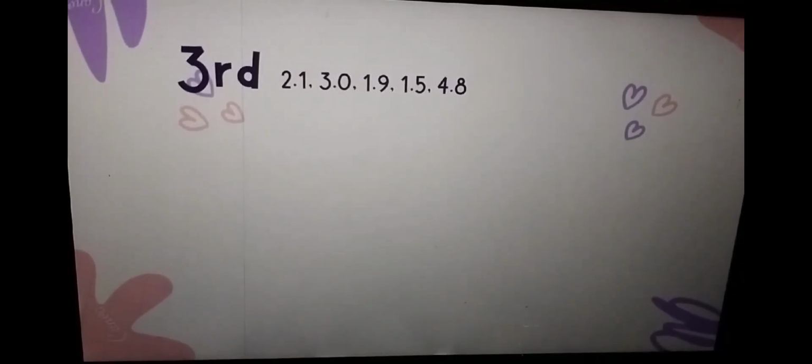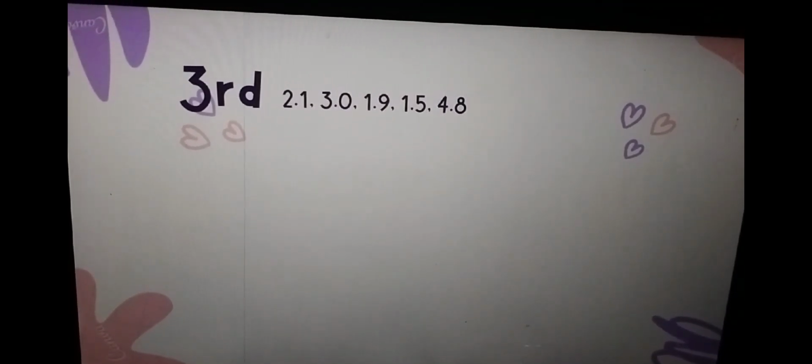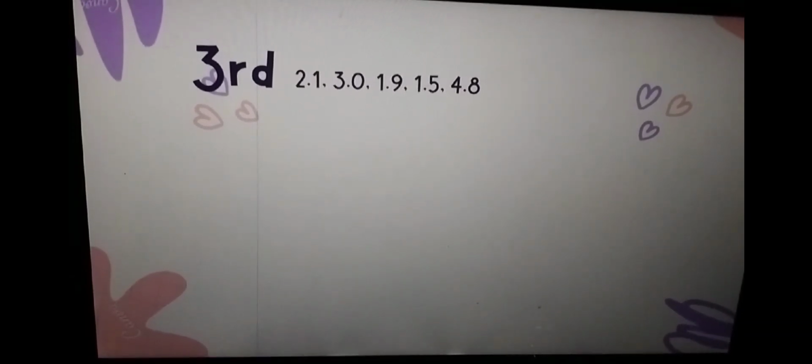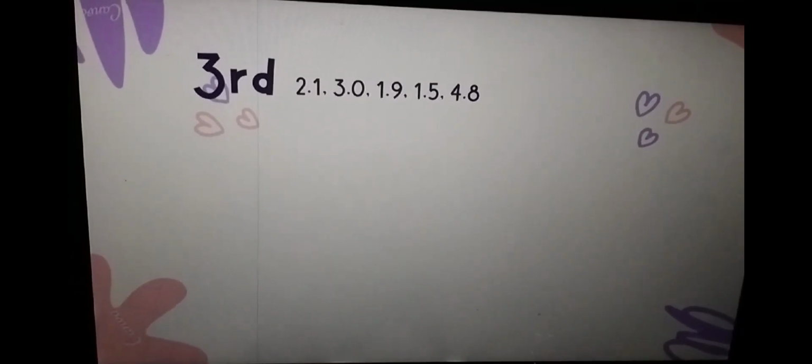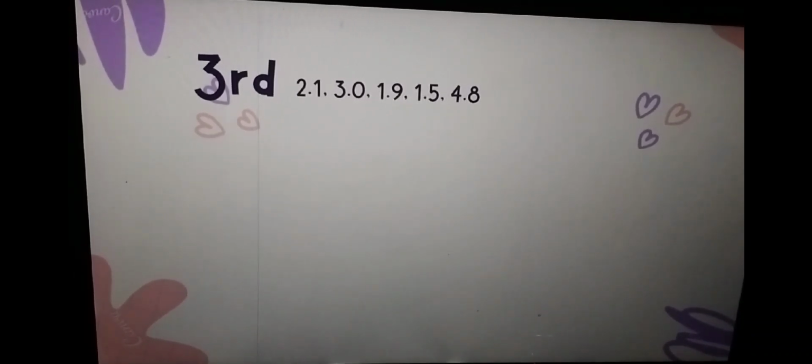If you are still confused by now, it's okay. We still have one more example so that we can understand it even more. For our third problem, the given samples are 2.1, 3.0, 1.9, 1.5, and 4.8.